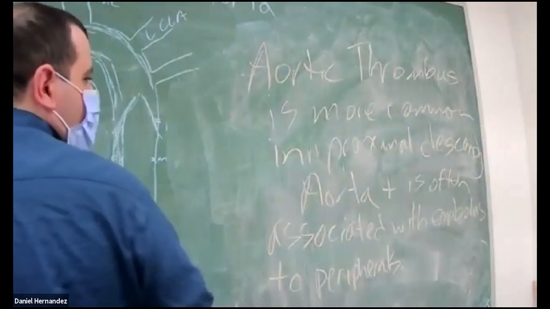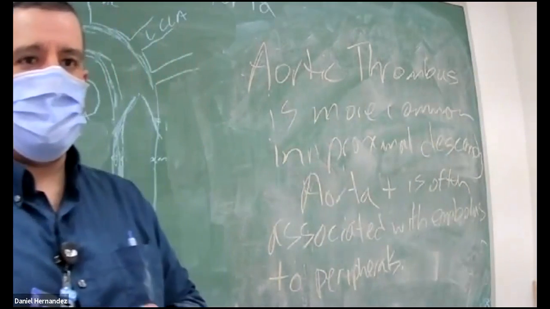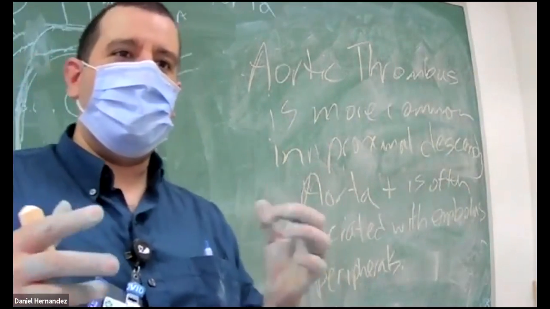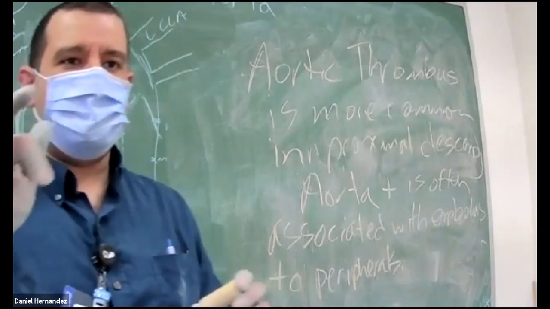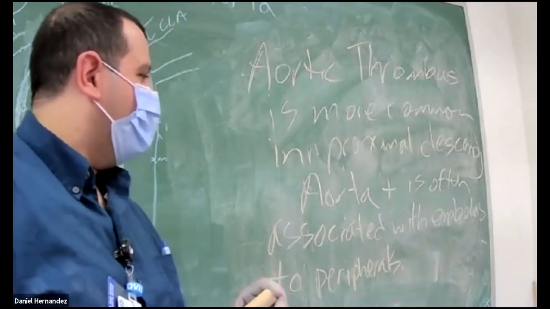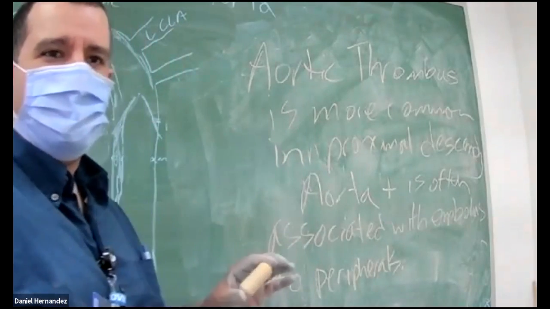So if it's in the descending aorta, embolus to the peripherals, that's going to wind up at the toes. So in the clinical setting, these would be the patients that you'd worry about that have a blue toe. Like it's usually one toe is blue and the rest look fine, and it's very strange.